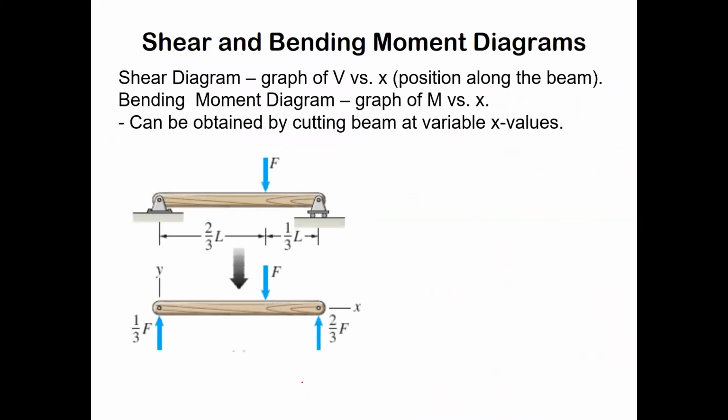So what you can do is make an imaginary cut, but instead of calling this cut at some position, like 3/5 L, you can just call this position X, where X is the distance from the left side of the beam. When you make the cut at that position X, the variable X will come into the formulas you're creating, and you'll end up getting a function of X in your answer.